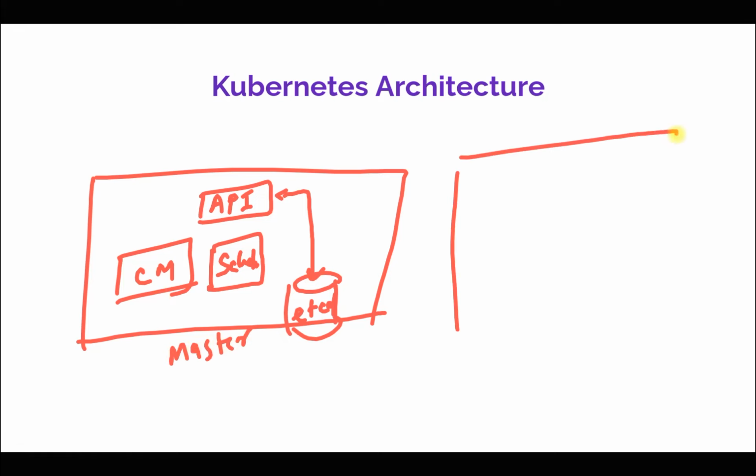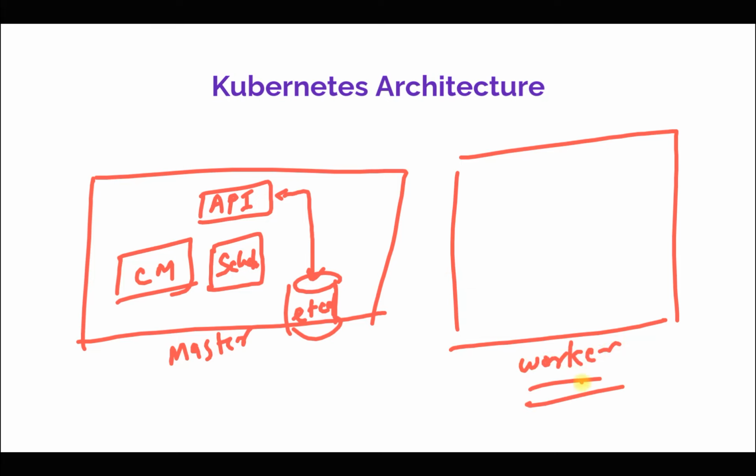Now let's talk about the worker node, how it will look. It can have one or multiple. Let's talk about only one worker node at this point in time. Otherwise, you can draw others also. The main components we have are kubelet, kube proxy, and then the container runtime.